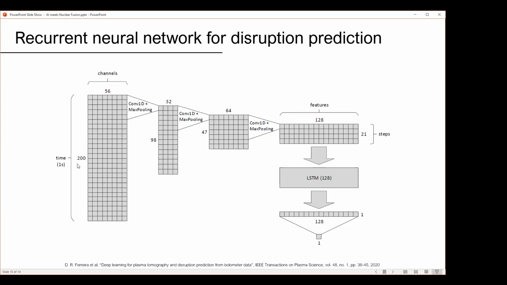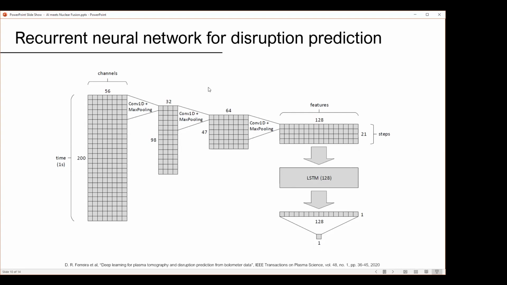We pick up 1 second, subsampled to 200 hertz. We apply a series of 1D convolutions. Then at a certain point, we feed these to an LSTM. After being processed by the LSTM, we keep the last result and we collapse it into a single value. And this value is going to be a certain prediction.